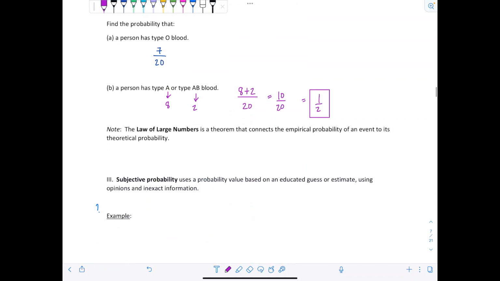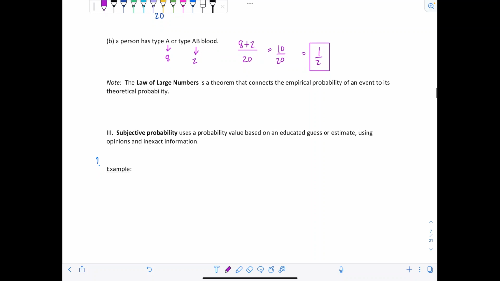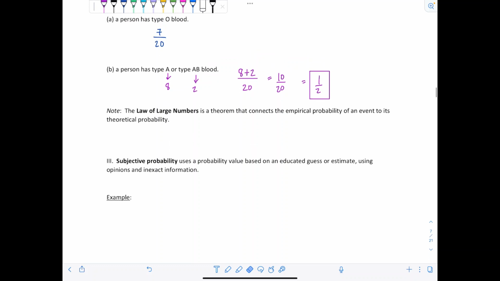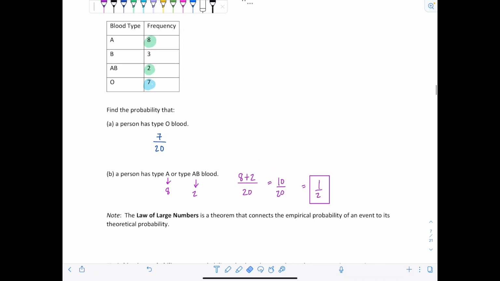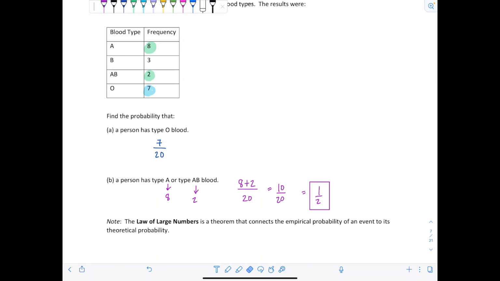And as a note, the law of large numbers is a theorem that connects the empirical probability of an event to its theoretical probability. So basically, the larger your sample is, or the more often you conduct a probability experiment, as n gets large, then the empirical probability, what you observe, what you collect, of an event gets closer and closer to the theoretical probability.